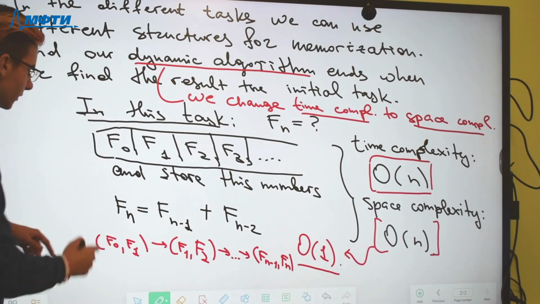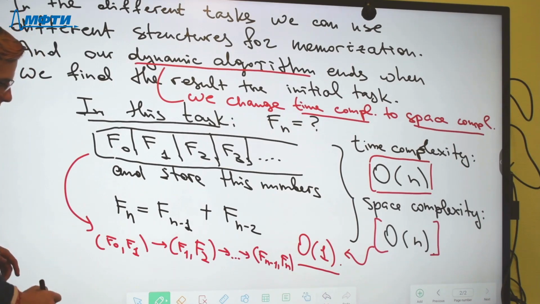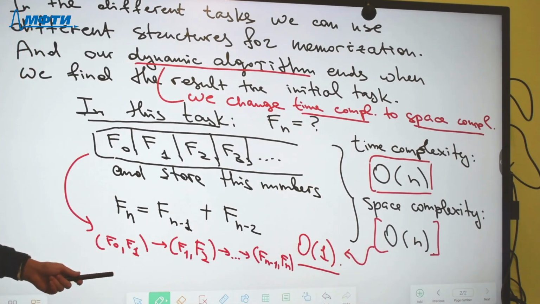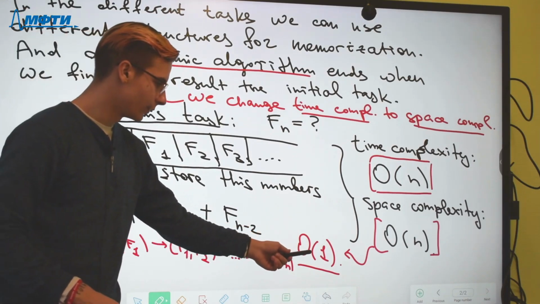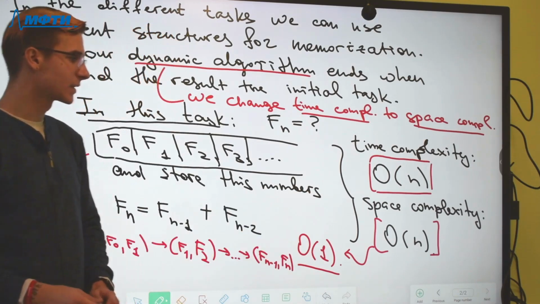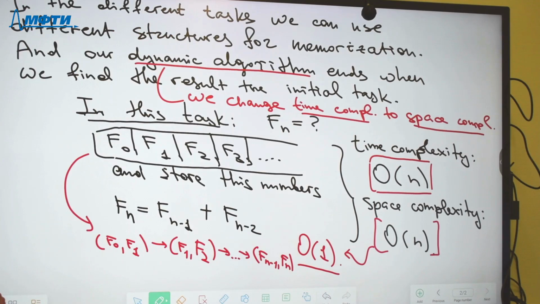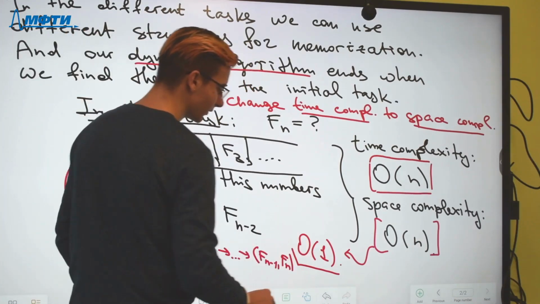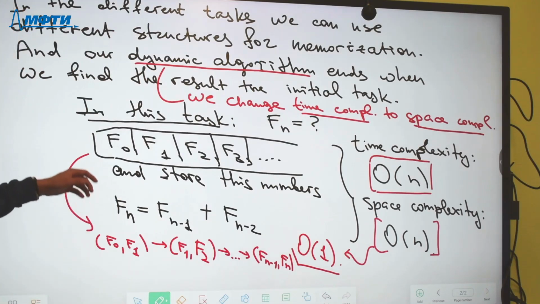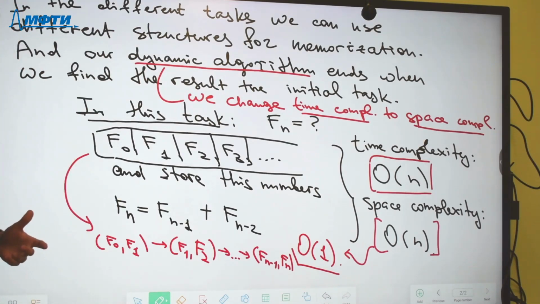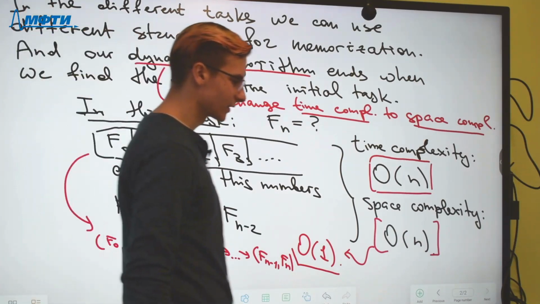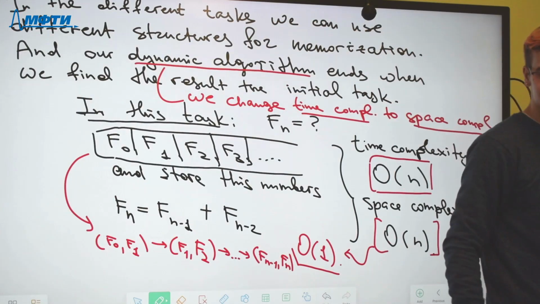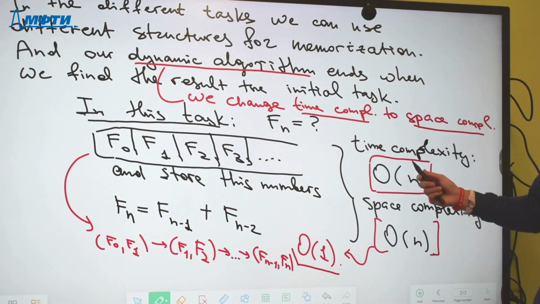If we change the array to this pair of integers, we spend only O of 1 space. But it's because this is a simple training task for this topic.